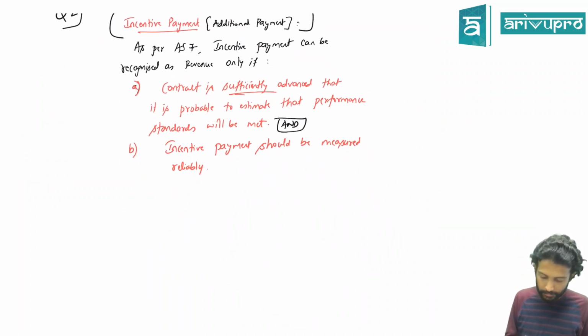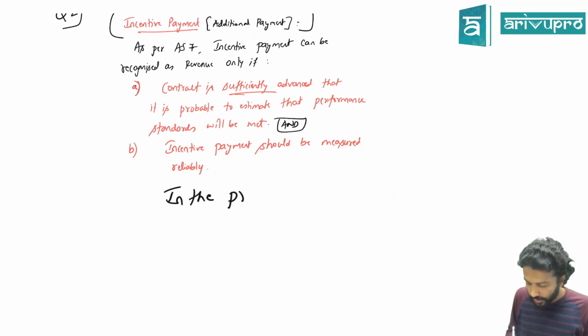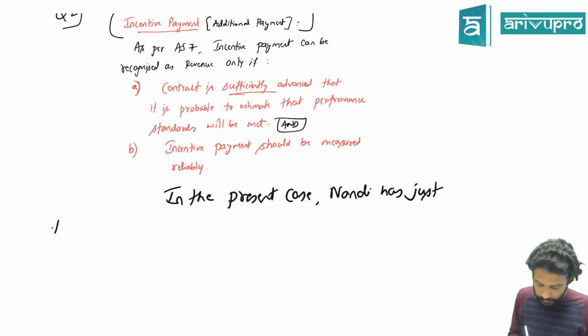Can I write the conclusion for this itself? But the second para, can I write? In the present case, Nandi has just entered the contract.